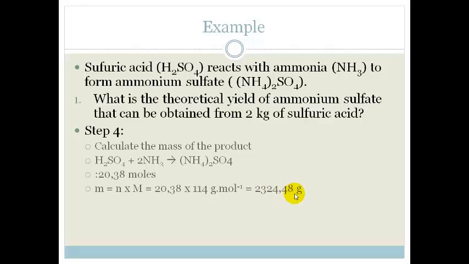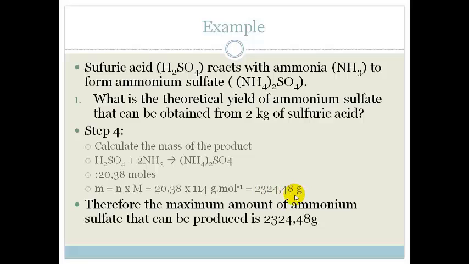Okay, it's a lot of grams. Therefore, the maximum amount of ammonium sulfate we can actually produce is 2,324.48 grams, or 2.32 kilograms.